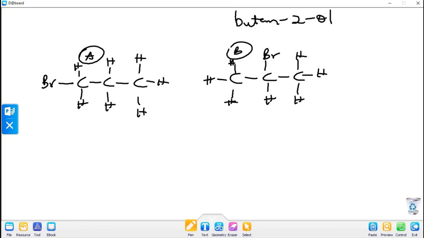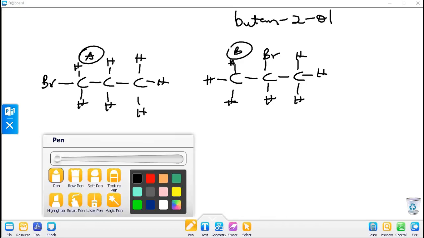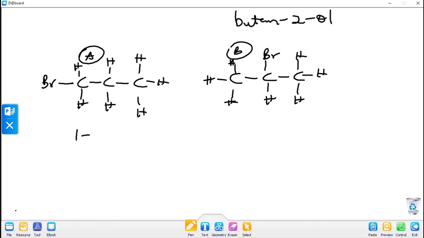For compound A, we call that 1-bromo, it's not 11, sorry. This is 1-bromopropane.